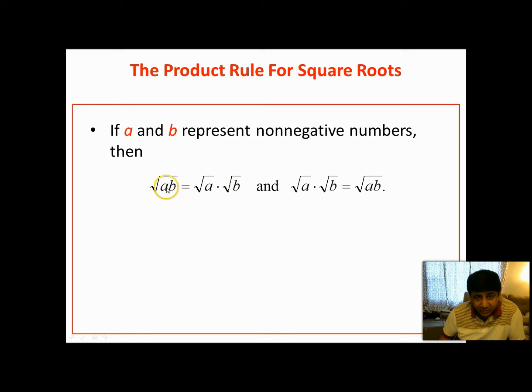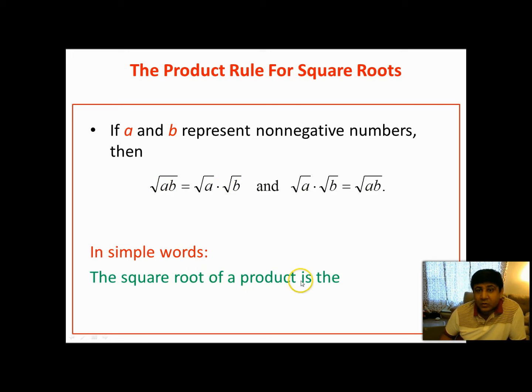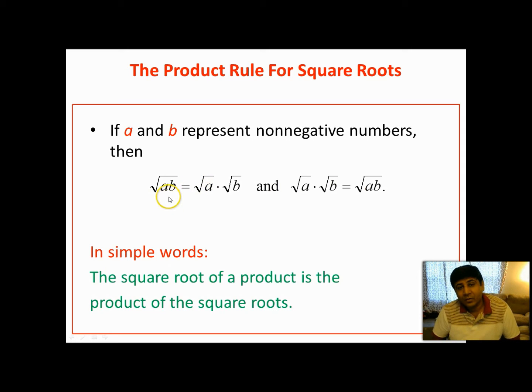So the square root of a multiplication is the same as the multiplication of the square roots, or the other way around. In words, the square root of a product is the product of the square roots. This tool is very helpful when you simplify square roots. If you have a product under a square root, you can separate them, or if it is given in separated form, you can combine them under one square root.